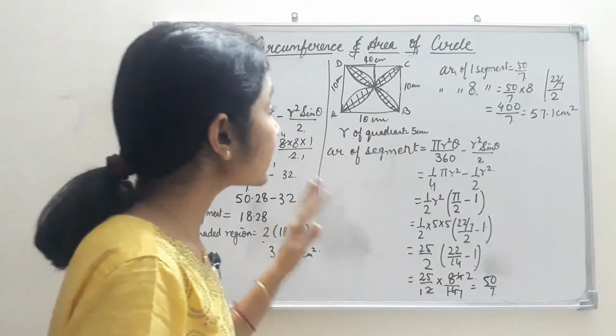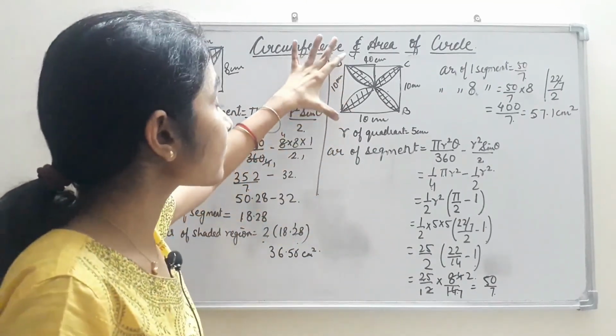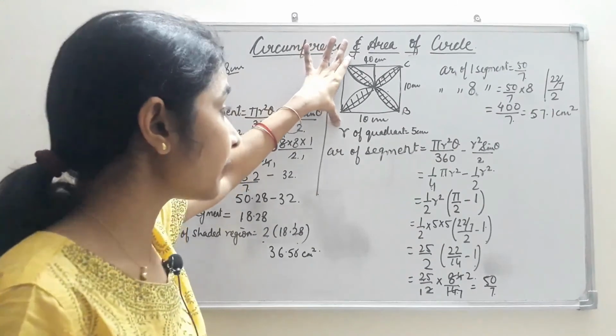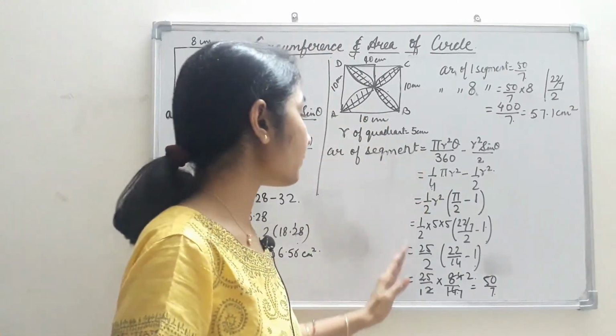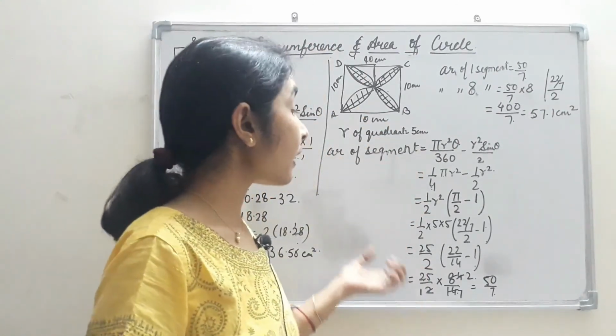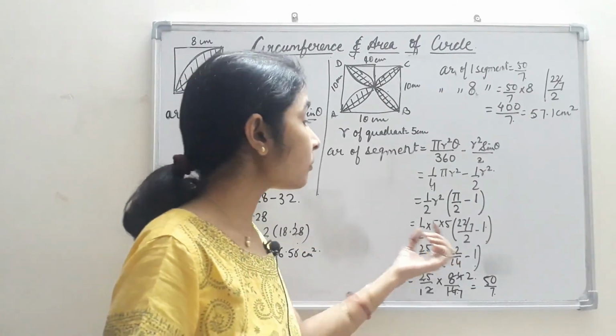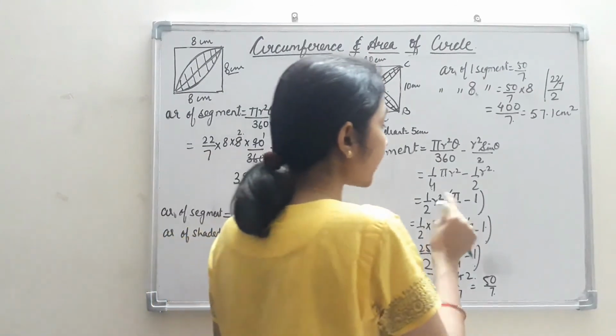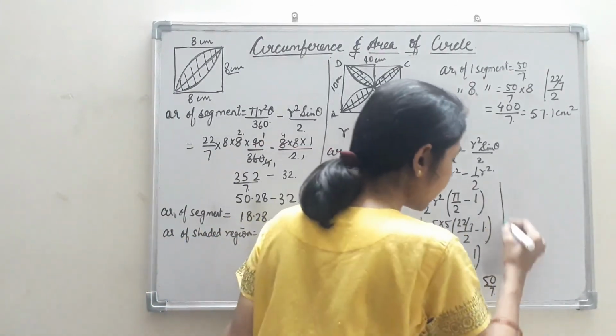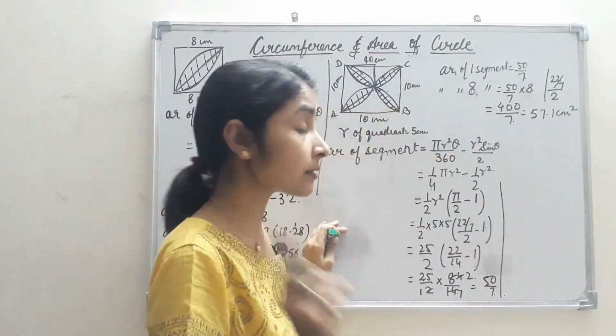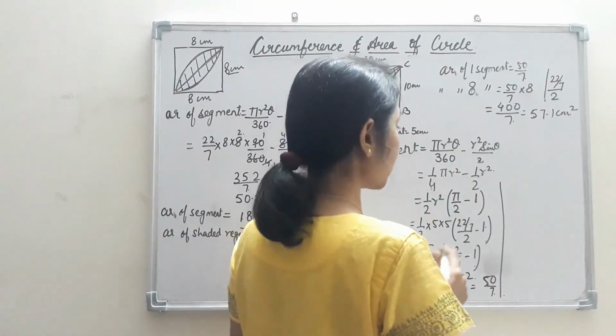Okay, so like this we will calculate. First we are supposed to calculate the area of one segment, and that area of one segment we have calculated like this. And after that what we'll do, we can also substitute the value of pi as 3.14 here, let us see what change it can bring.